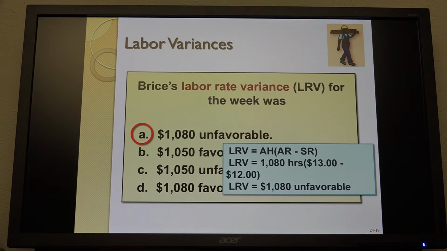And so the difference here is $1. So 1,080 hours times $1 is $1,080 unfavorable. Some of this you can eyeball, right? Actual rate is more than standard rate, so you know you're going to have an unfavorable LRV, right?